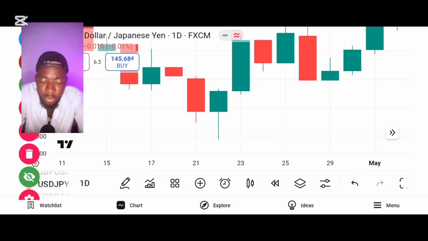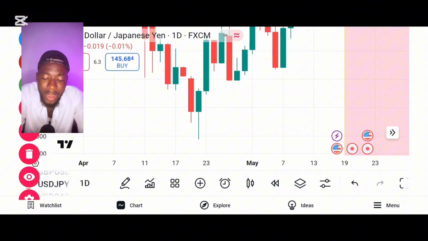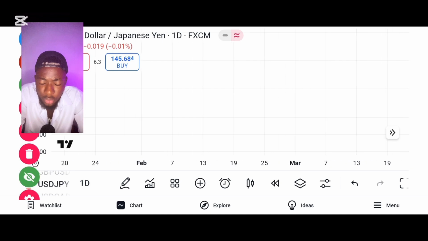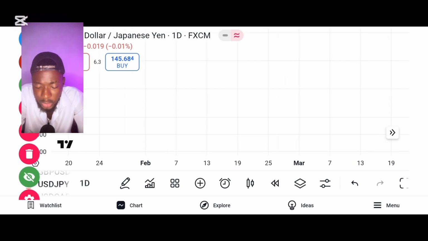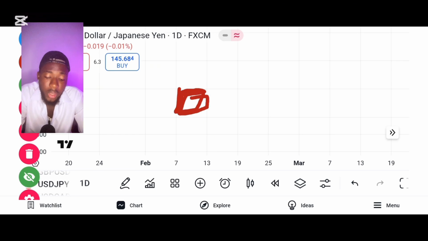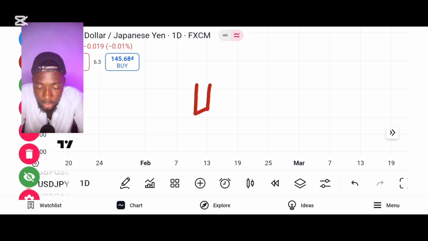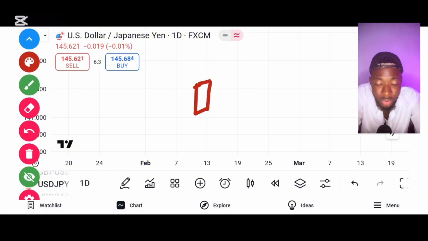So for the engulfing candle, what actually happens? You notice that there's always a smaller candle before it. Let's use a bullish engulfing, for example. Let's say this was a bearish candlestick, and it closed bearish.